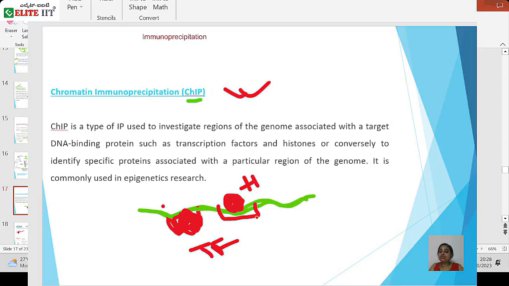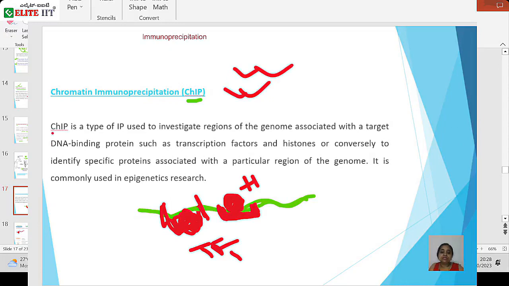But mainly we identify the sequence where the protein is attached. If you consider transcription factor 1, in which position of the DNA it is attached, you can sequence it or identify it through this CHIP method.